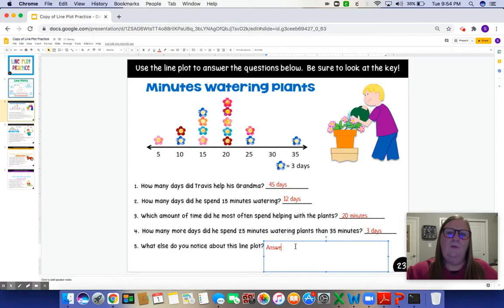I think I would put, I notice that the minutes are counted in groups or intervals of 5. So we start here with 5, 10, 15, 20, 25, 30, 35.